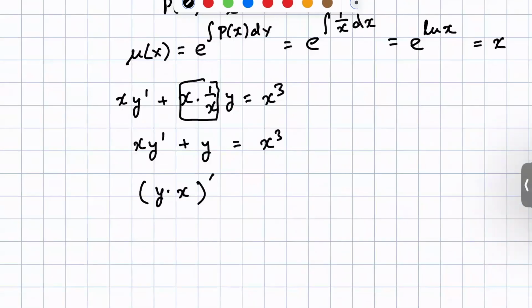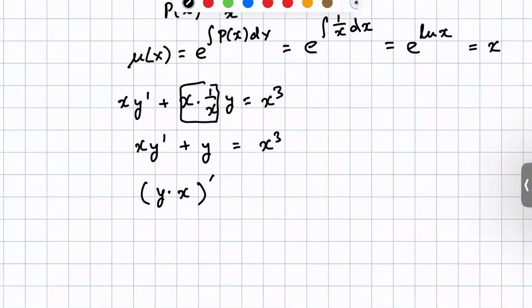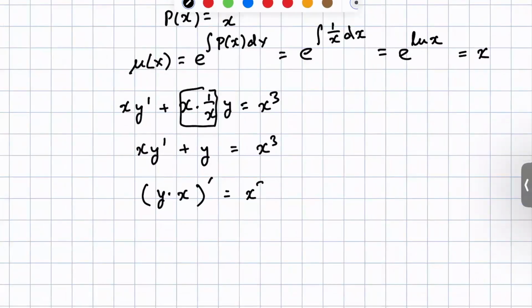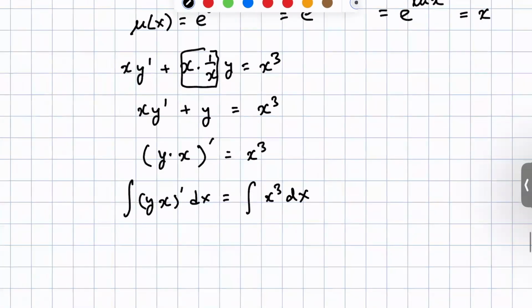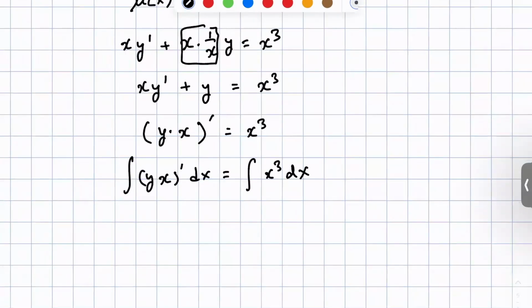So y times the integrating factor is y times x, and that's equal to x cubed. Let's integrate both sides. Yx prime dx is equal to x cubed dx. The integral and the derivative cancel each other out.